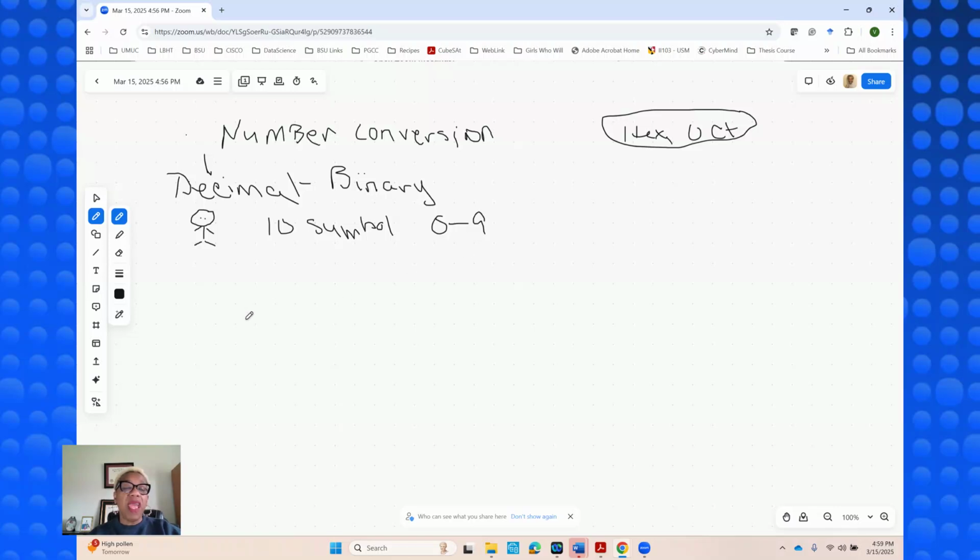Because of that, we have place values. We know this number is 4,307 because the 7 is in the ones place, 0 is in the tens place, 3 is in the hundreds place, and the 4 is in the thousands place.